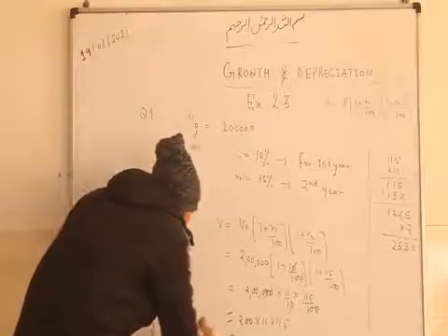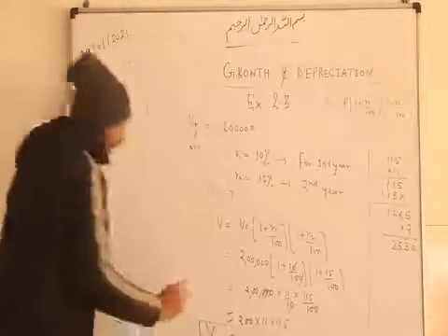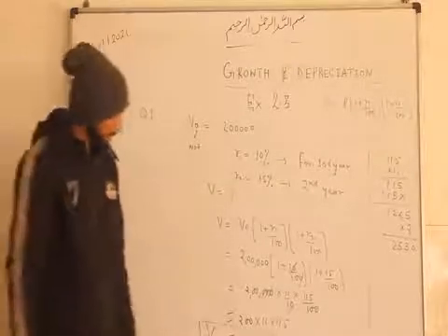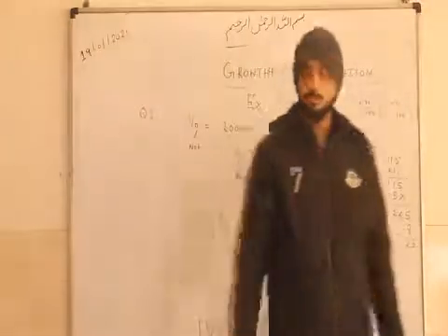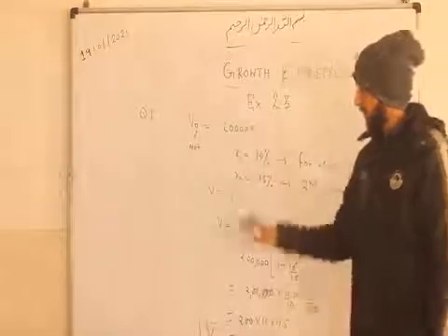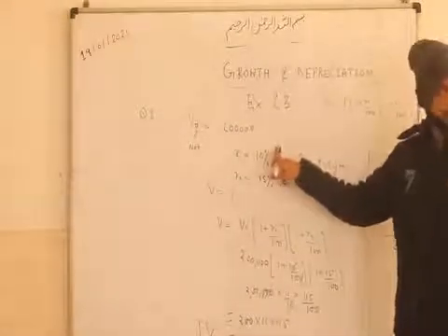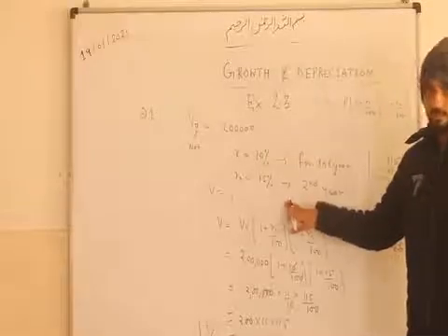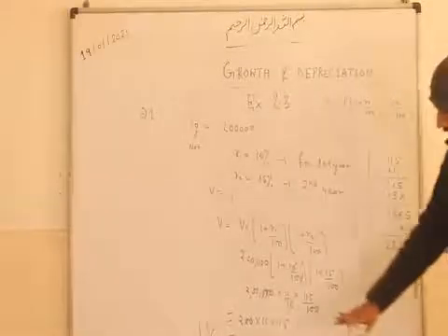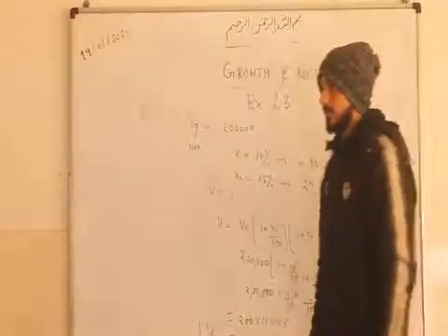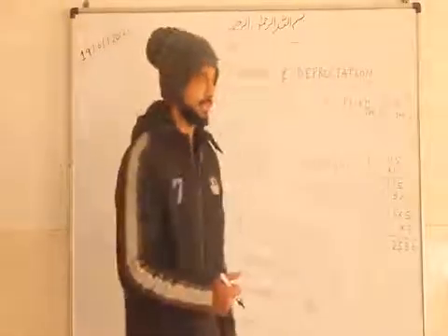So the final value is coming 2,53,000. Okay. So that is the population after 2 years with the different rates of interest, 10% for the first year and 15% for the second year. According to this we calculated, and the final value we are getting is 2,53,000.